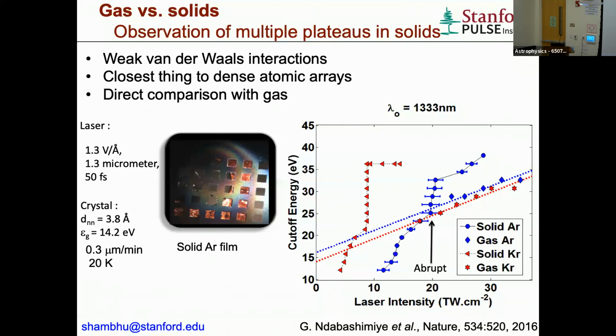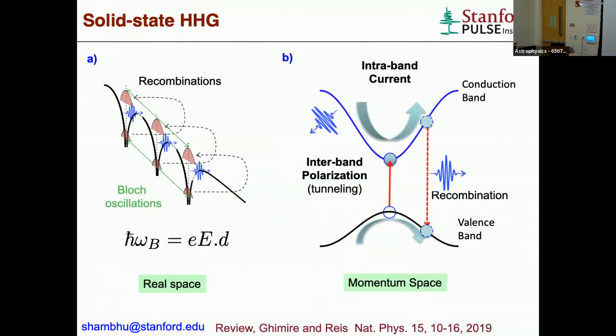Especially, I would like to point you to this abrupt scaling, when you hit certain intensities, all of a sudden you start seeing many harmonics in the form of another plateau. So in that sense, you can see that the solid state response is fundamentally different, and we have spent some time to understand this.